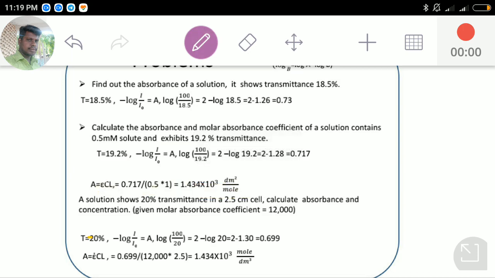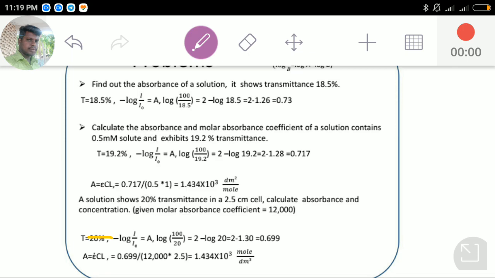So here the transmittance is 20%. So we will get 2 minus log 20. The log 20 value is 1.301. So 2 minus 1.301 is 0.699. So this is the absorbance. So we identified the A value, and the epsilon value is given here, 12,000.